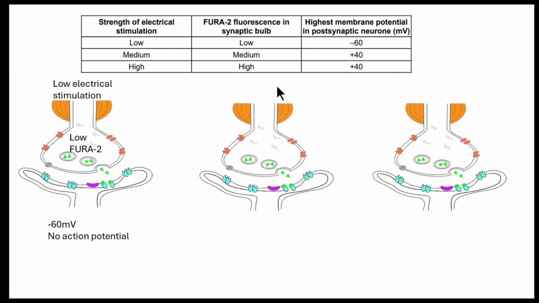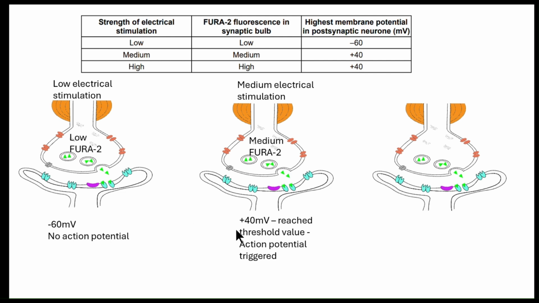Now let's look at the next one. When I have a medium electrical stimulation, I therefore have a medium fluorescence in the synaptic bulb. I've got a plus 40 millivolts, so I have reached the threshold value. I have depolarization occurring, and it's about to go through repolarization.